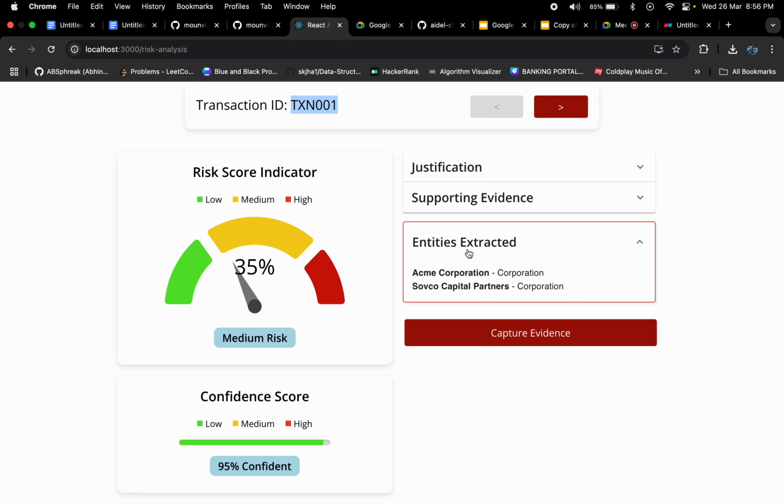The first thing is to analyze the countries which the entities are part of, and whether those countries exist in FATF's black and gray lists, then find out their corruption rank and their Basel AML score.